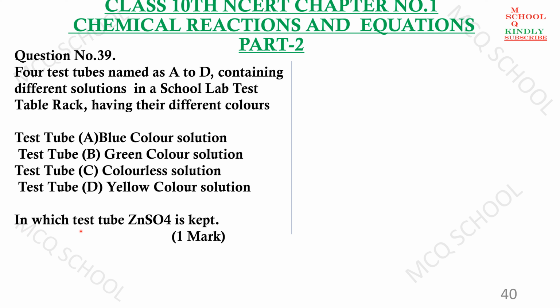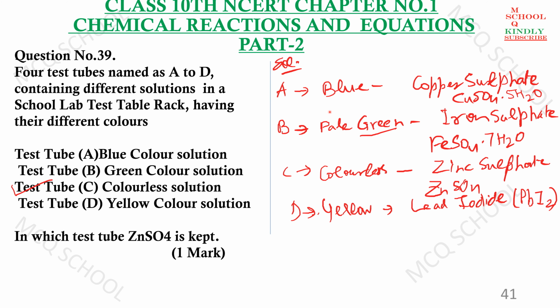In which test tube is zinc sulfate kept? So what is the answer as per you? We should keep in mind blue color is copper sulfate solution, green color iron sulfate solution, colorless zinc sulfate, yellow lead iodide solution. So hence the colorless solution is zinc sulfate, that is C. Right answer is C.